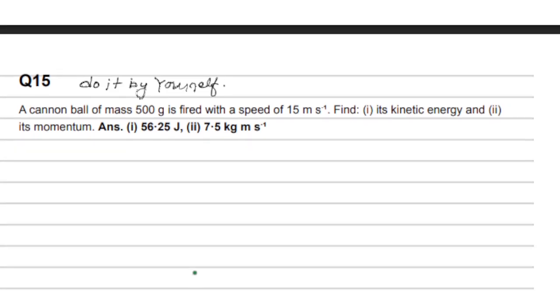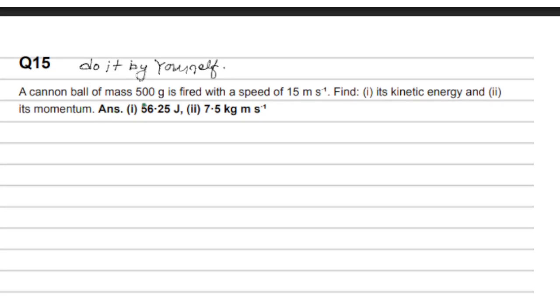Let's go next. Question number 15. A cannonball of 500 gram is fired with the speed of this. So mass is given and the speed is given. Find its kinetic energy and its momentum. Momentum: just convert the mass into kilogram first and then multiply with the speed, mv. That is the formula for momentum.